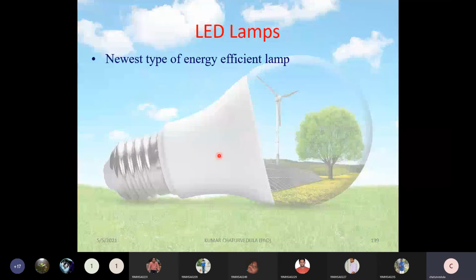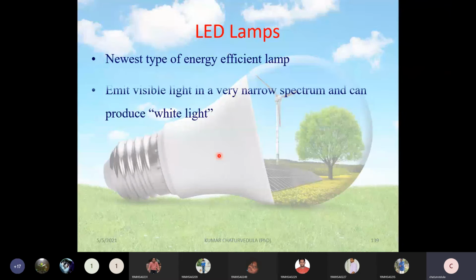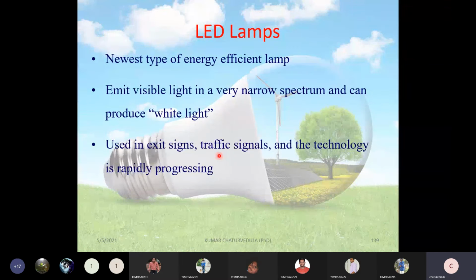So coming to the LED bulbs, they are the newest type of bulbs. They are the latest in the case of energy efficiency, and they are very dominant nowadays because they produce white light with minimum inputs. Earlier these were used for signboards and traffic signals.